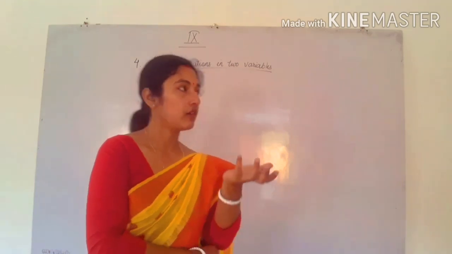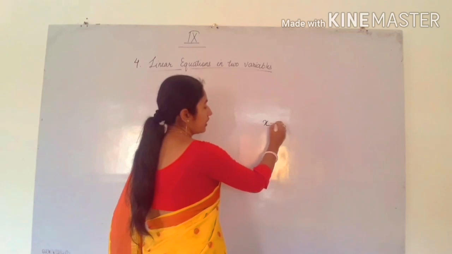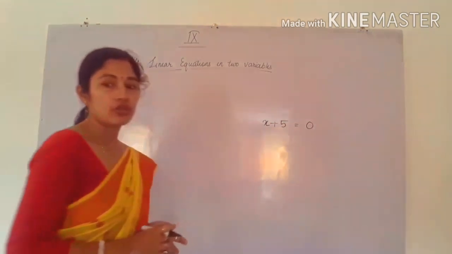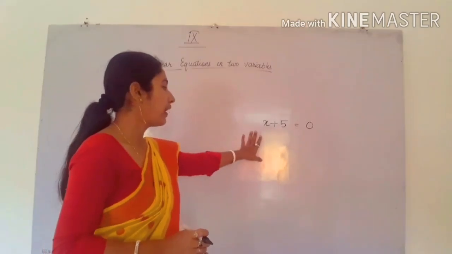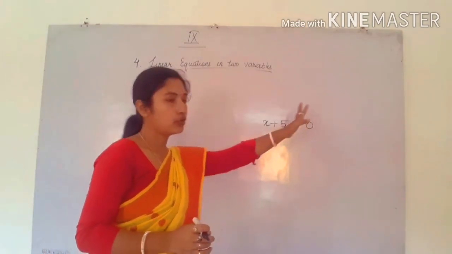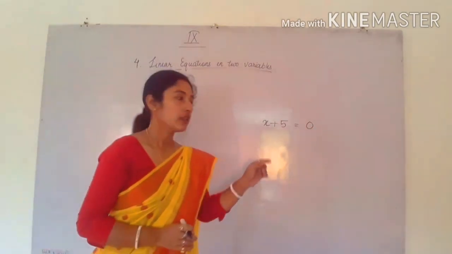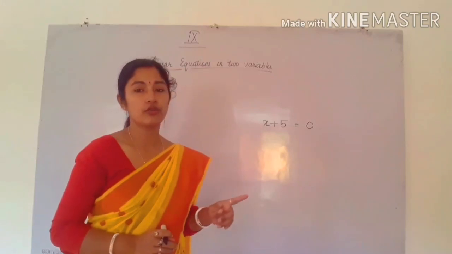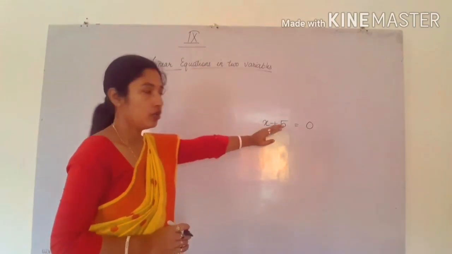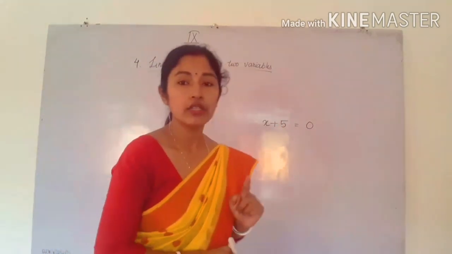For example, suppose x plus 5 equal to 0. Here we can find the value of x easily by transferring 5 to the right hand side. So we will get x is equal to minus 5. That is only one solution. So we know that linear equation in one variable has only one solution.